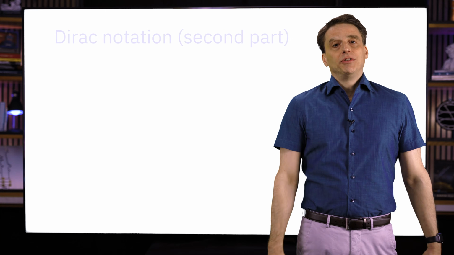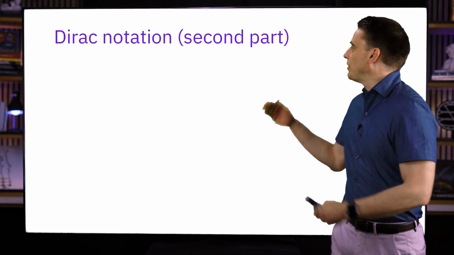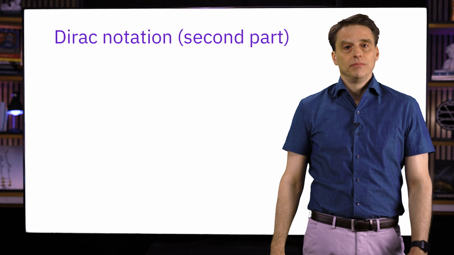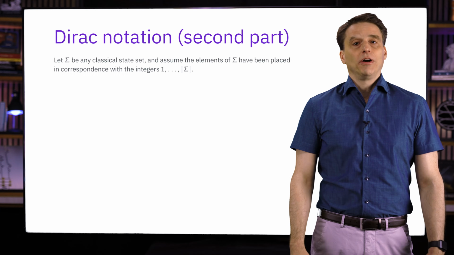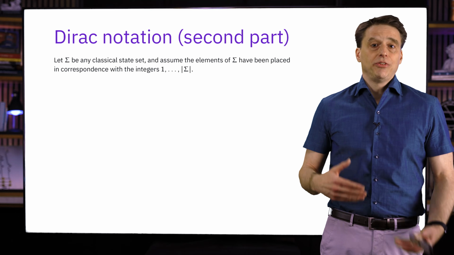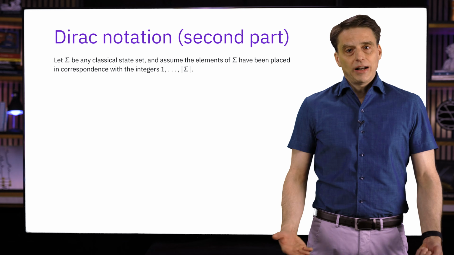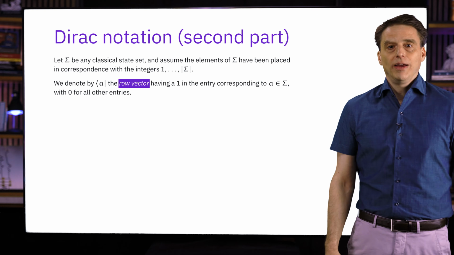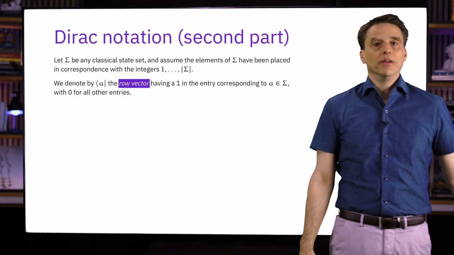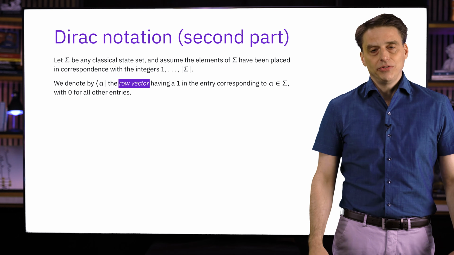We'll discuss operations on probabilistic states more in just a moment, but first let's introduce the second part of the Dirac notation. This is going to be helpful for talking about operations and thinking about them as matrices, and it's also going to be a standard tool that we'll continue to use going forward. The setup is just like it was before. We have whatever classical state set sigma that we're working with, and we assume that we have some way of ordering those classical states.